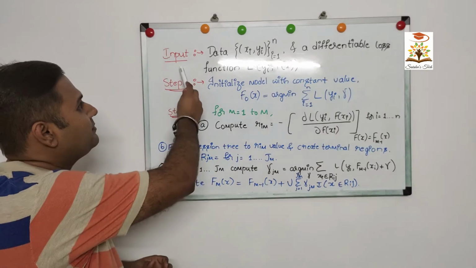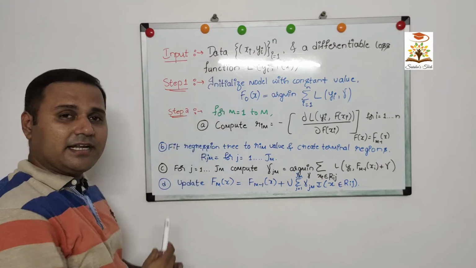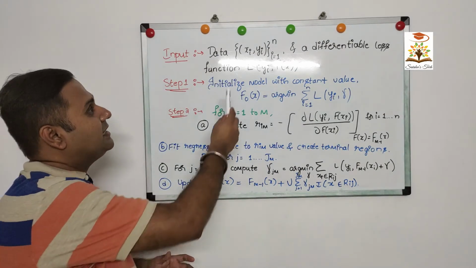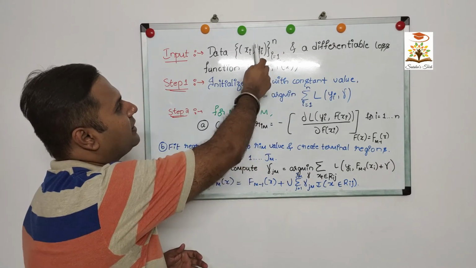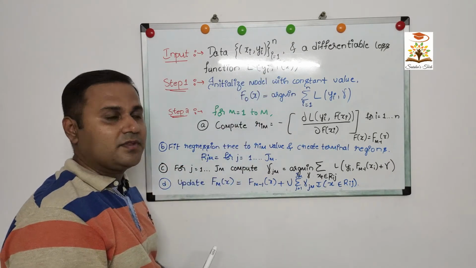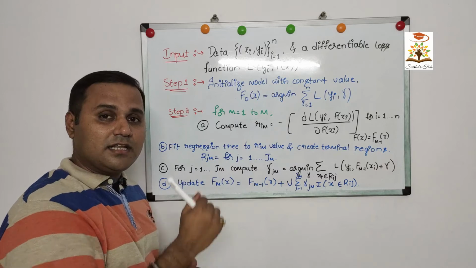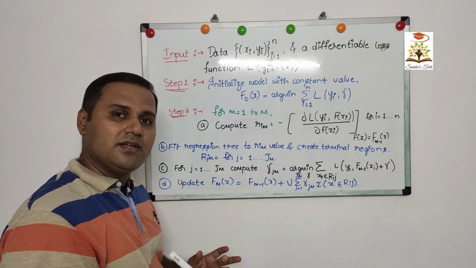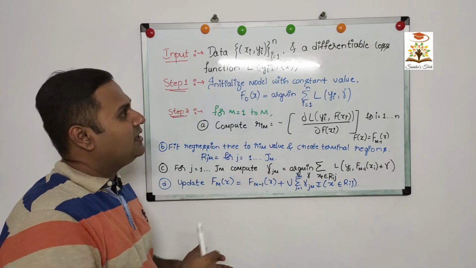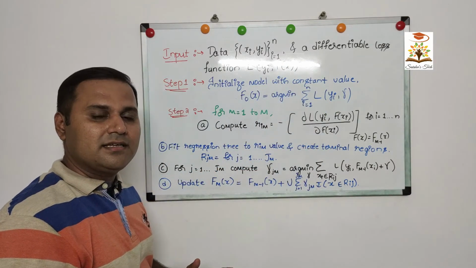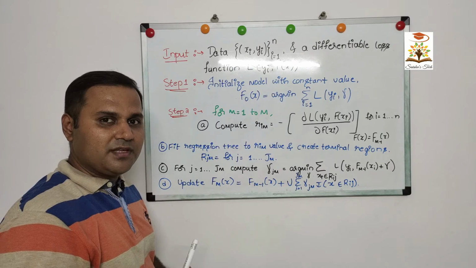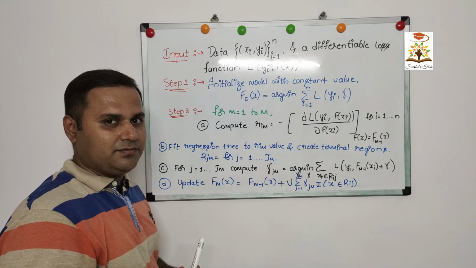For the input, we have considered data which has two parts, that is the independent features x of i and our target attribute y of i. Here i represents the number of observations in the training data set. With the data, there is also another component, that is a differentiable loss function.